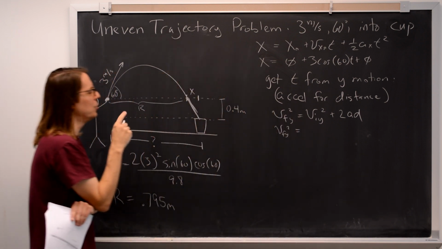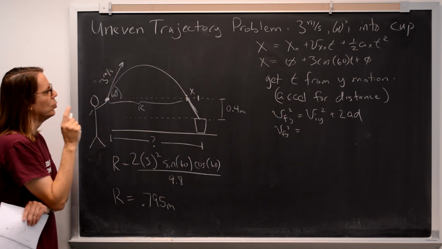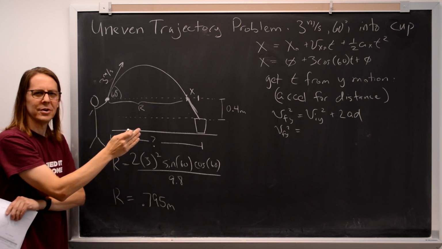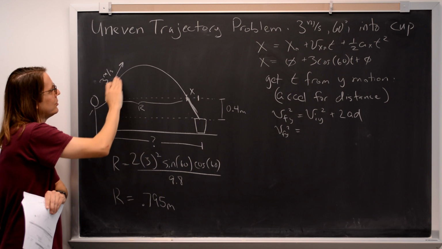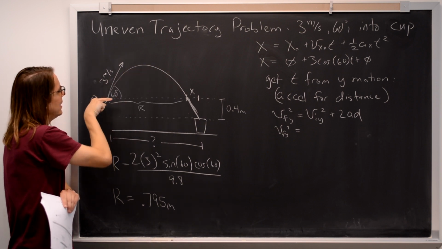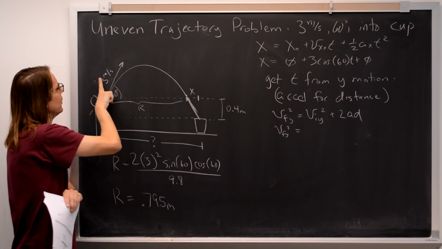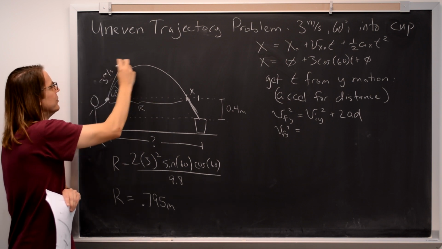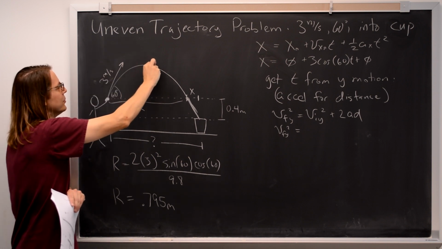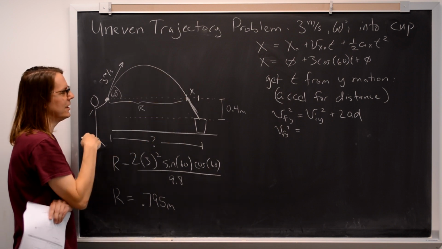And then v initial y squared. We could do the kinematics to find that, but we actually know, because these trajectories are even and symmetric. Through an even trajectory the x velocity stays the same, and the y one switches directions. It's driven from its initial value to 0 here, and in the same kind of trajectory in reverse, it's driven to the negative value.